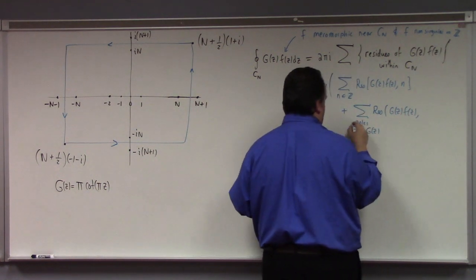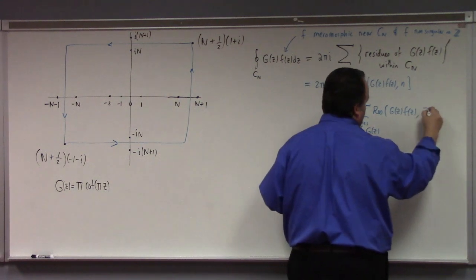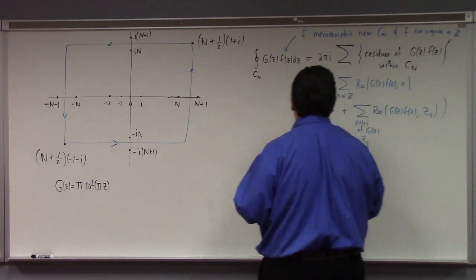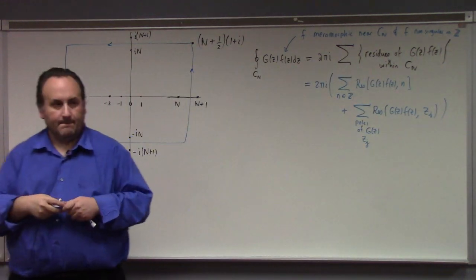And I'll call the pole z sub i, or j, there.